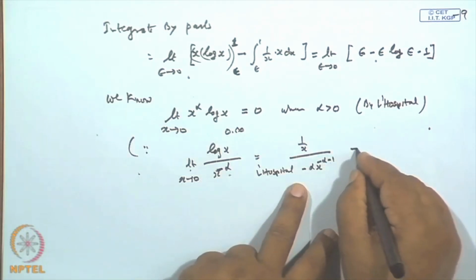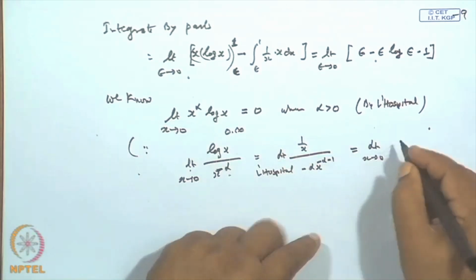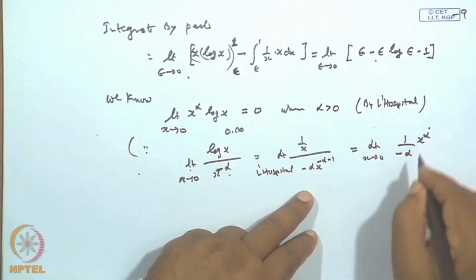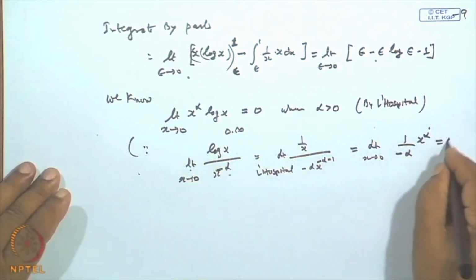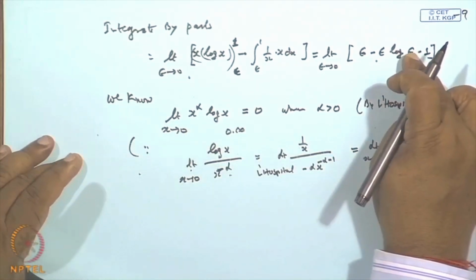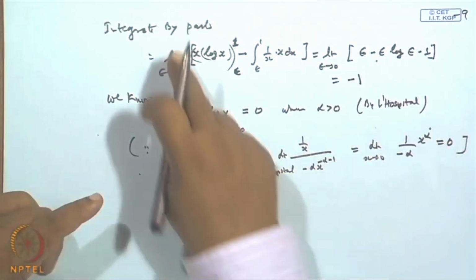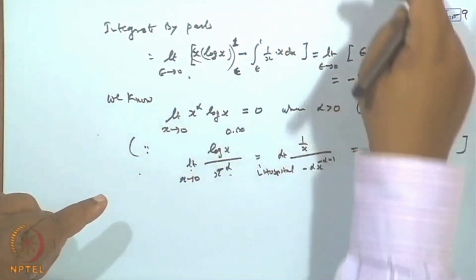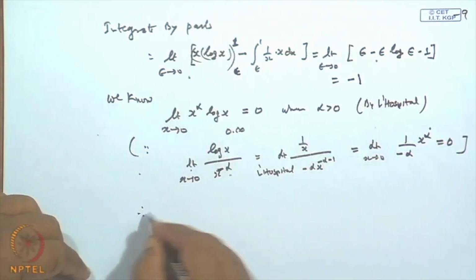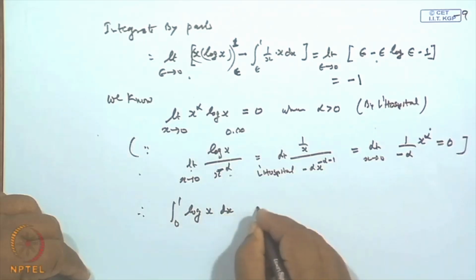So as x tends to 0, this is minus alpha times x to the power alpha, which goes to 0. So this is always 0. So the limit of this comes out to be minus 1. It means the value of this integral is finite. Therefore, this converges. So the integral from 0 to 1 of log x dx is convergent.